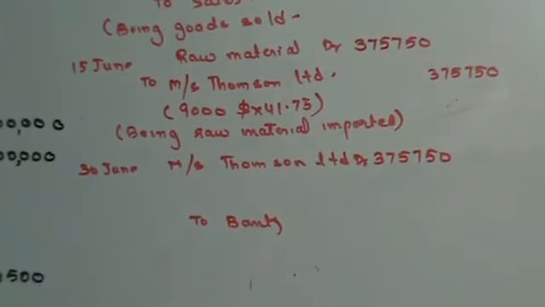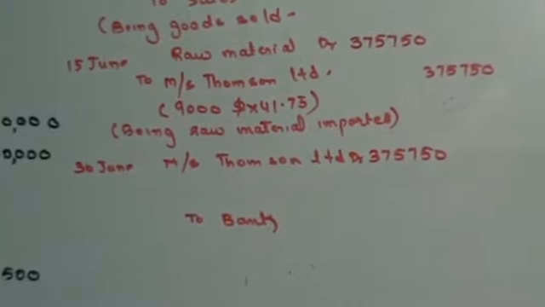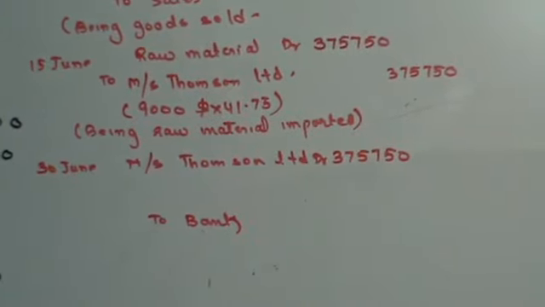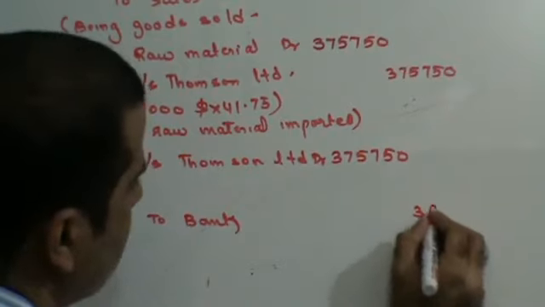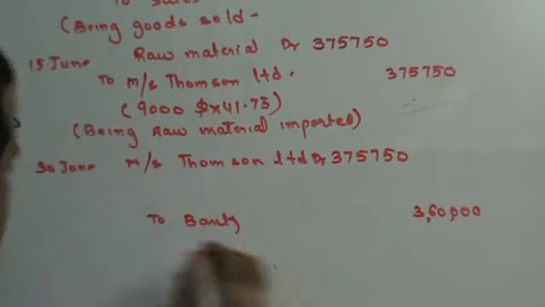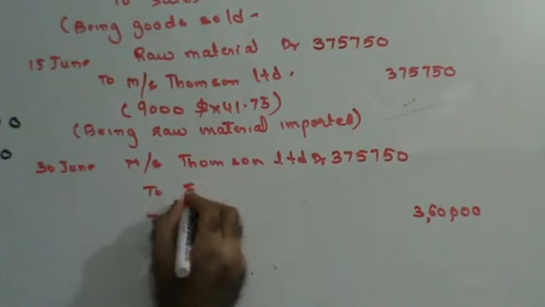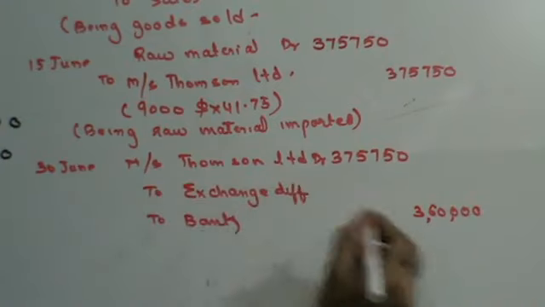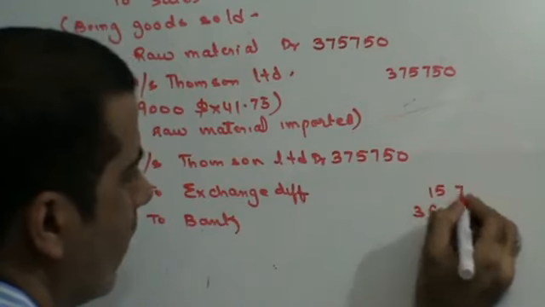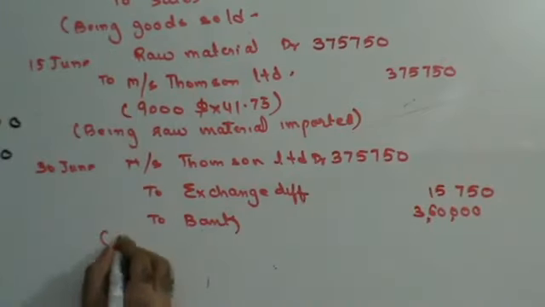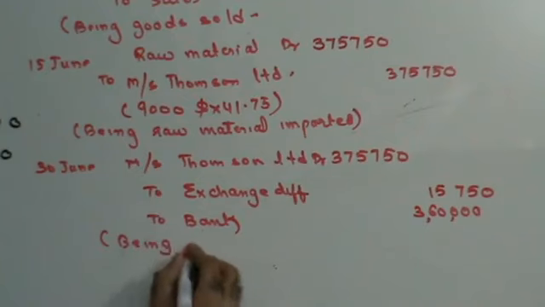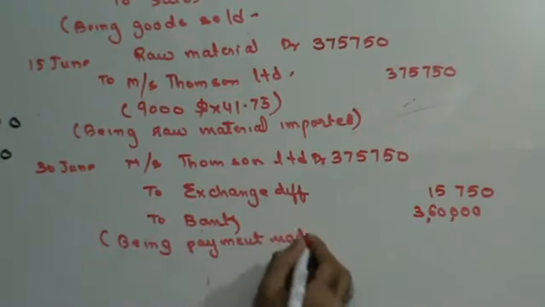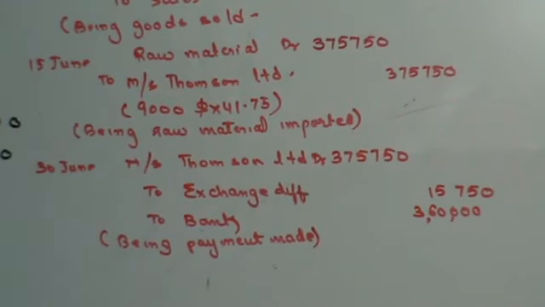Now on the date of payment, the dollar rate was 40, right? So someone please do 9,000 into 40. 3,60,000. The difference is called exchange difference. So this is going to be exchange difference. How much is it? 15,750 being payment made. Right, that was 30th June.